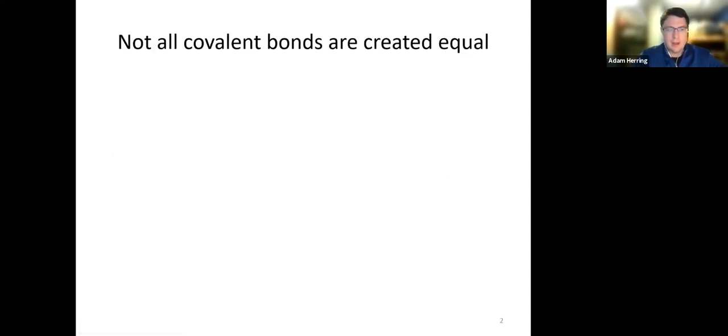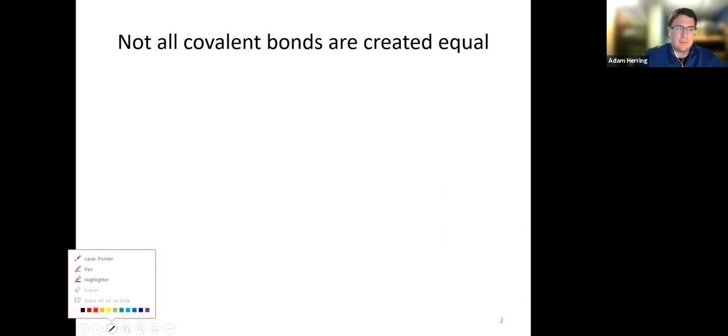So, as I mentioned in an earlier video, when we have covalent bonds, those electrons are shared between the two elements that are involved. However, not all covalent bonds are the same. Depending on which elements are bound to each other, that will lead to differences in what we call bond polarity.